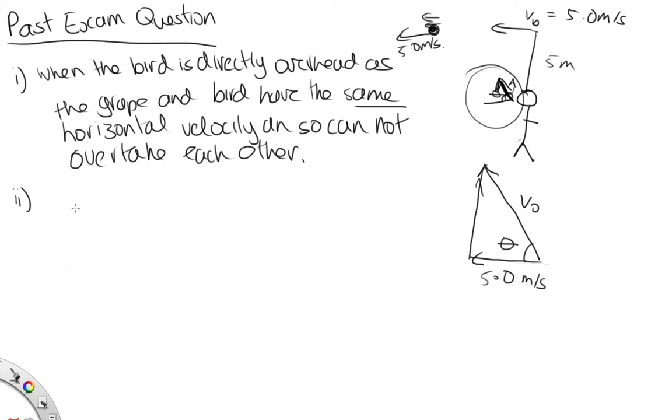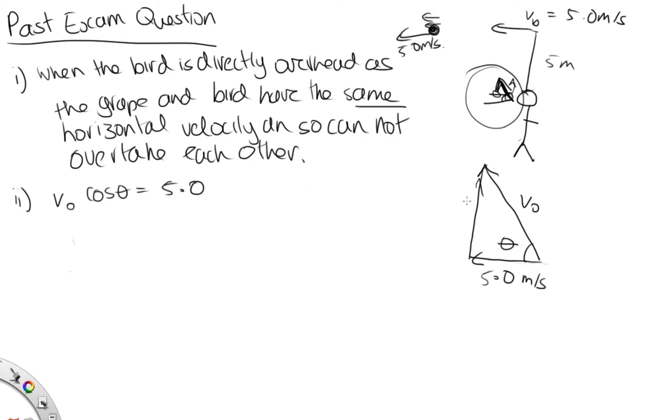So V0 cos theta is equal to 5.0. That's one point. The other point is that when it reaches the bird, the vertical velocity must be 0.